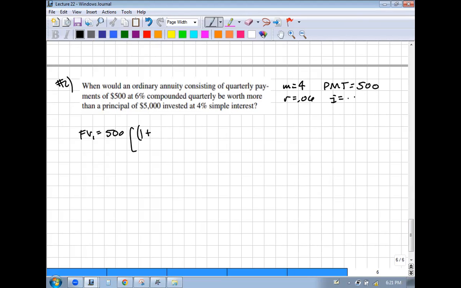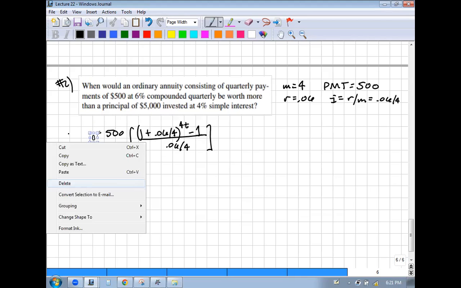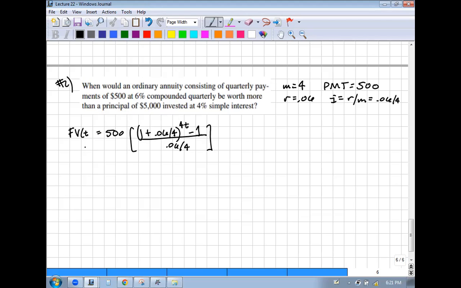I is R over M, which is 0.06 divided by 4. So 1 plus 0.06 divided by 4 to the 4t, because that's what n is, minus 1, over 0.06 divided by 4. I'll call it FV1 of t. So it's a function of time.